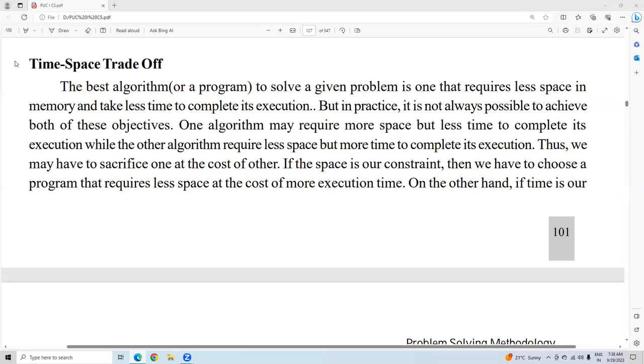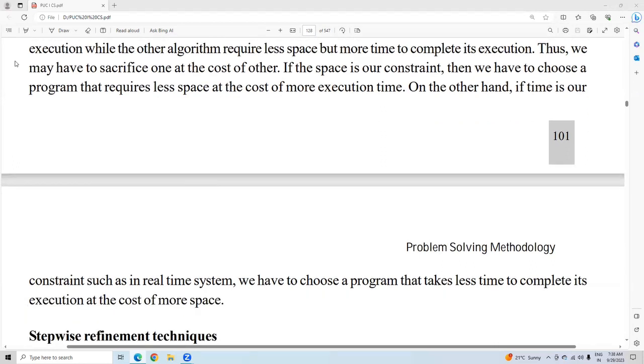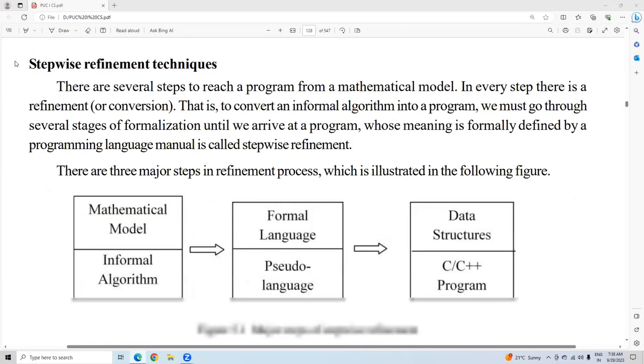On the other hand, if time is our constraint, such as in a real-time system, then we have to choose an algorithm or program which takes less time to complete its execution at the cost of more memory space.